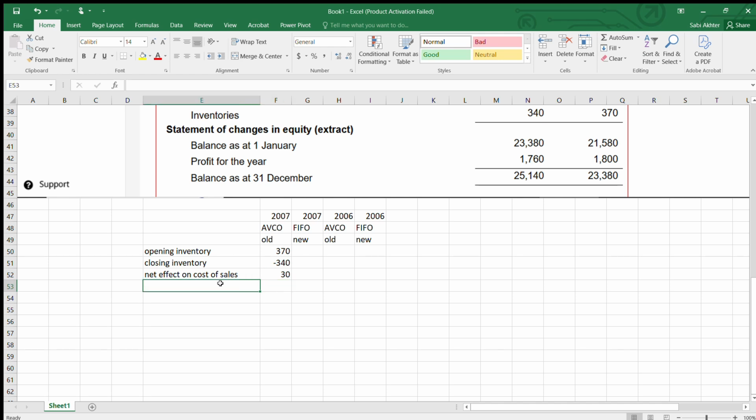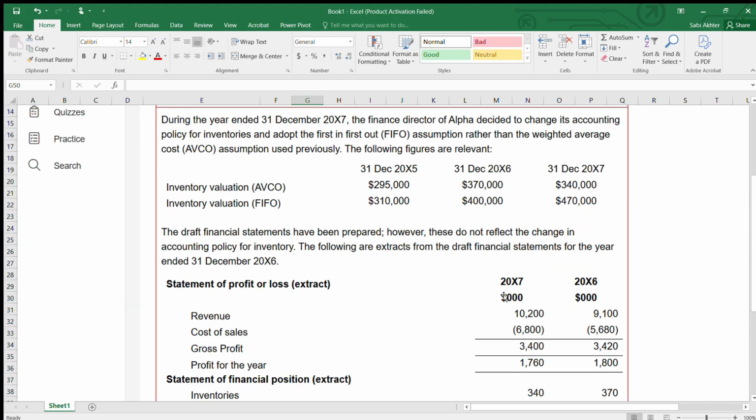Then because of the impact of your new policy from LIFO to FIFO, what would be the change to cost of sales? This you will only get once you do it for FIFO also. So under FIFO, 400 would be the opening and 470 would be the closing.